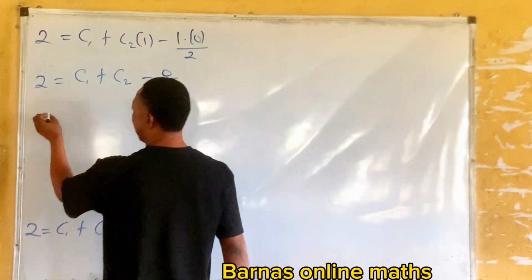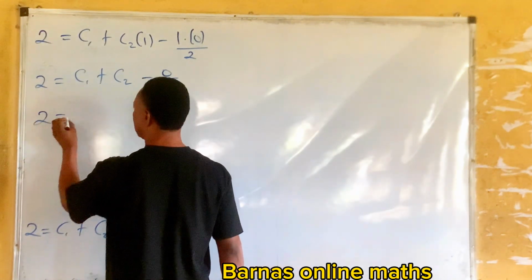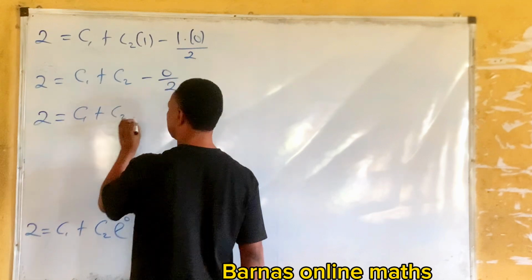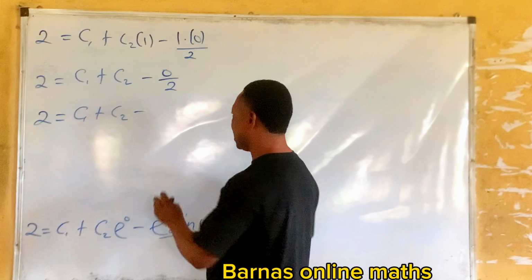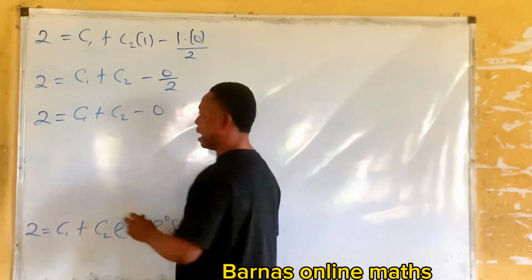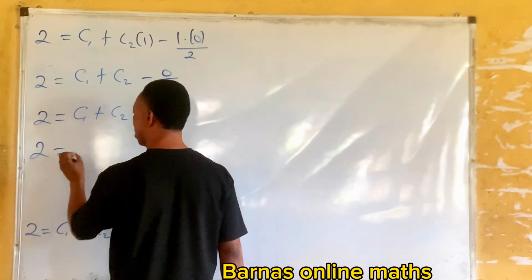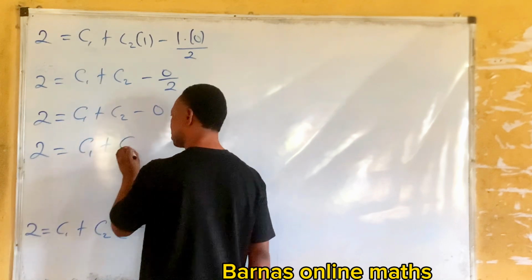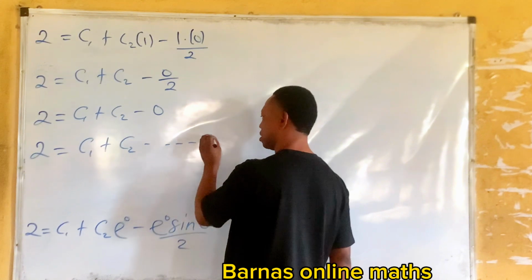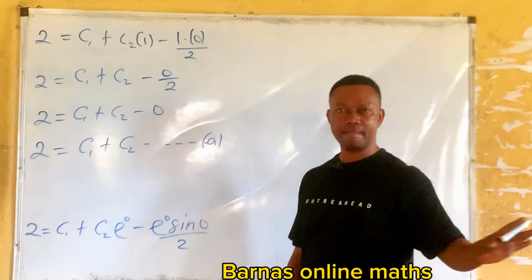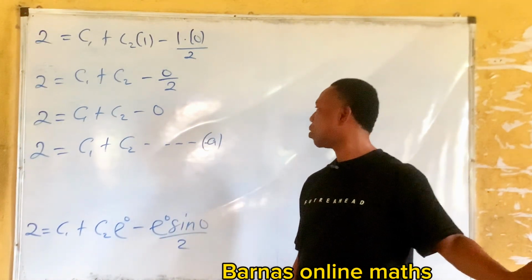Hence, we now have 2 equals c1 plus c2 minus 0 divided by 2, which is 0. Therefore, that becomes 2 equals c1 plus c2. Let's call this equation A. Equation A, very, very important.